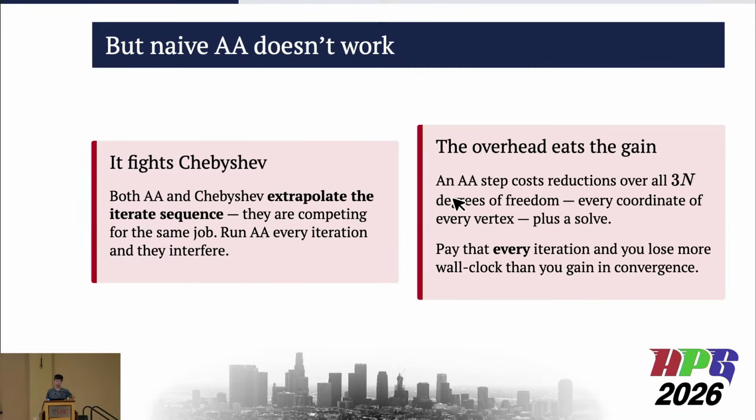And if we only use Anderson acceleration to replace Chebyshev acceleration, the problem is it introduces a very high overhead. Although it helps the solver converge better, the overhead makes it not practical for real time.